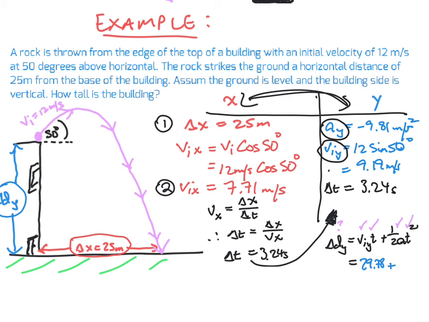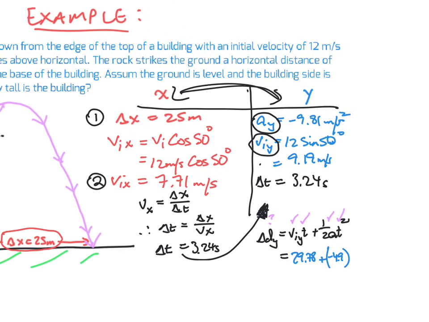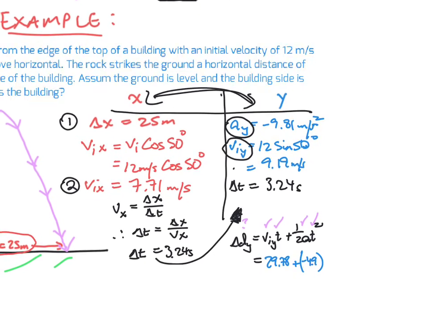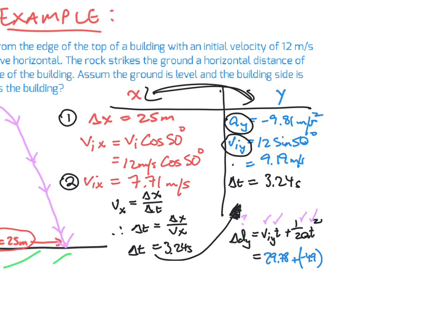We have a half a, which is going to be negative 4.9, multiplied by t squared, which is going to be 3.24 squared. So if we get our 3.24 and we square that, we get a value of 10.4976.